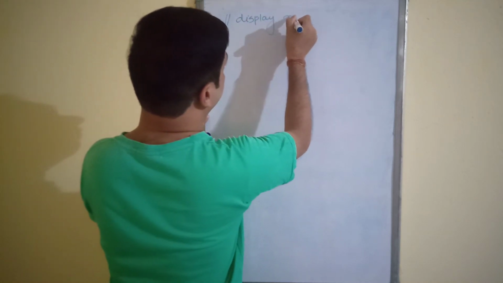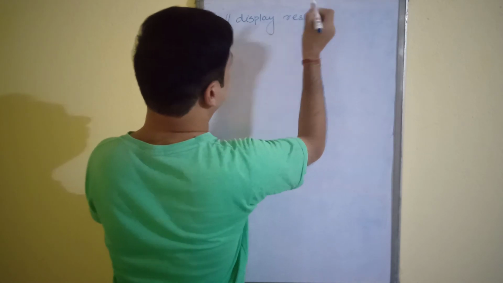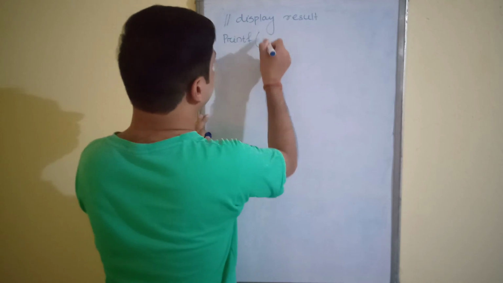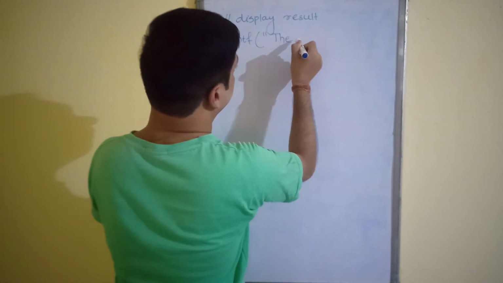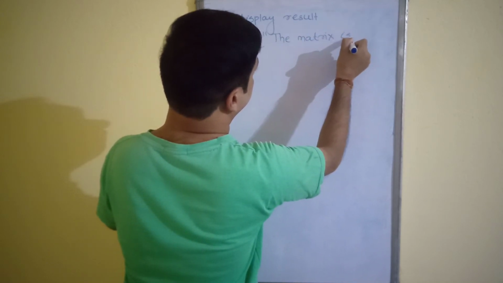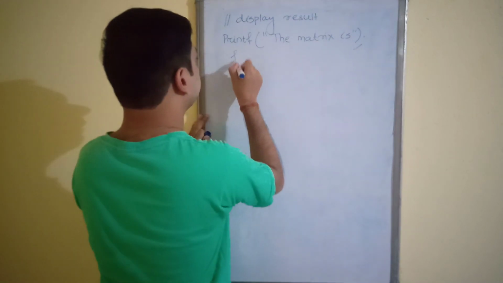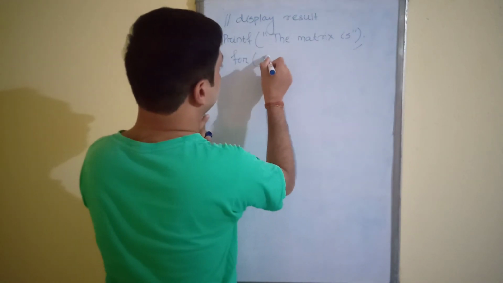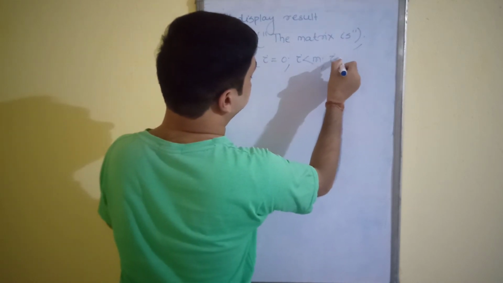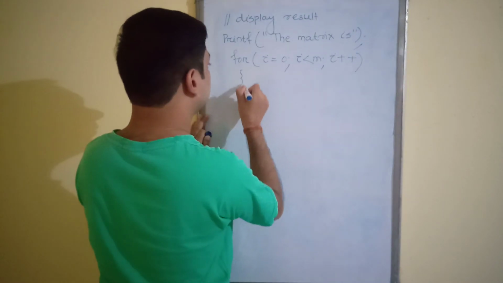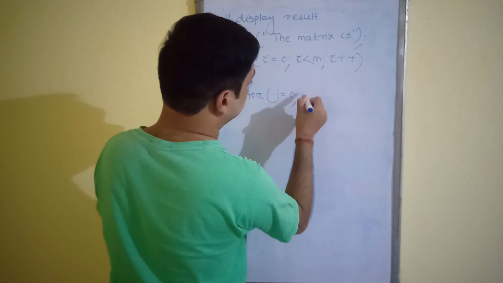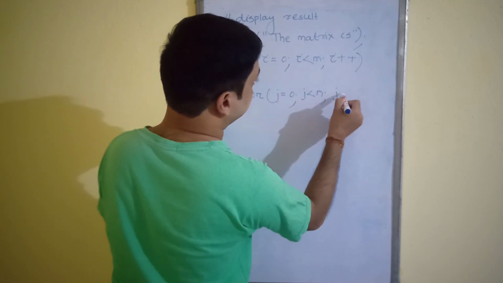In printf you can give, "The matrix is," so take the for loop again. For i equals 0, i less than m, i plus plus. Similarly for the column, for j equals 0, j less than n, j plus plus.